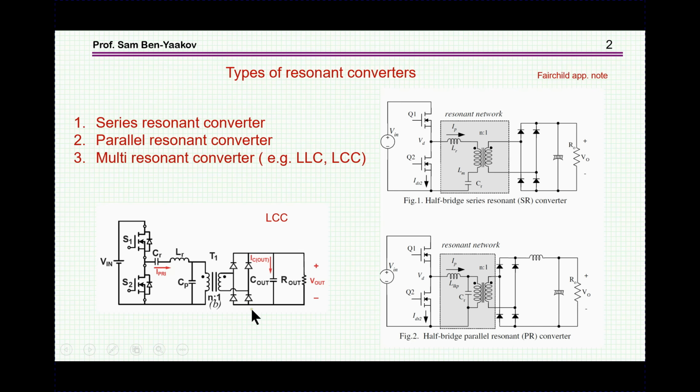Now, this is also called the series parallel converter because we have a series resonant and also we have in fact a sort of a parallel connection to the load. So these are the resonant topologies, a few among the many which are available and have been described in the literature and have been used quite a bit in the industry.